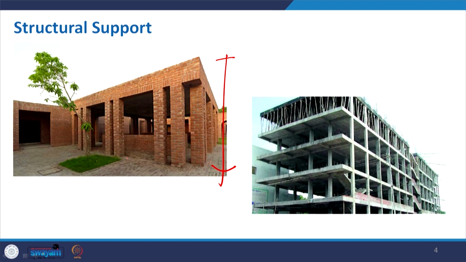You cannot see any concrete column; it is fully made of brick. So, this is one kind of support you can get, and the scale has now changed. This is a multi-story building under construction, showing only the beam, column and slab. So, you can see the column, then the beam and then the slab.